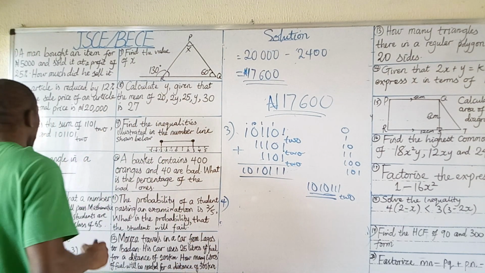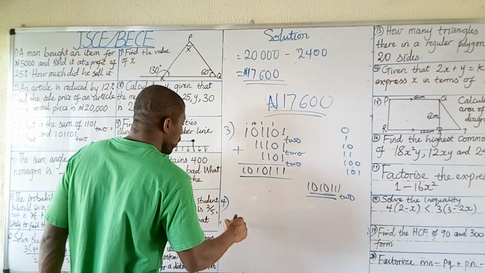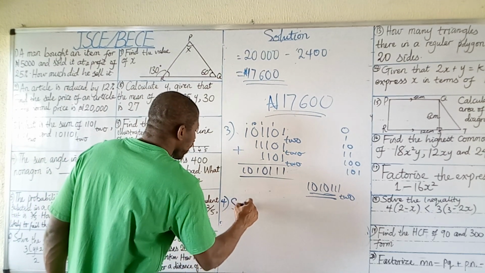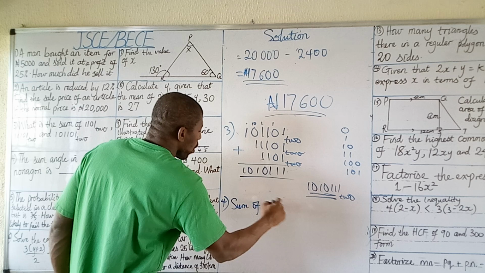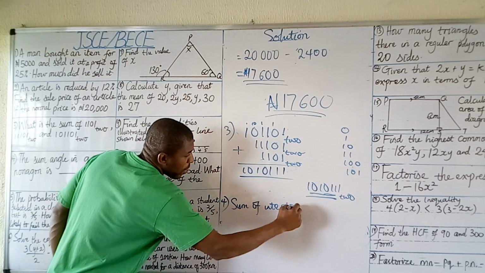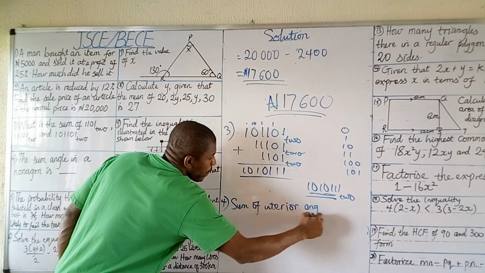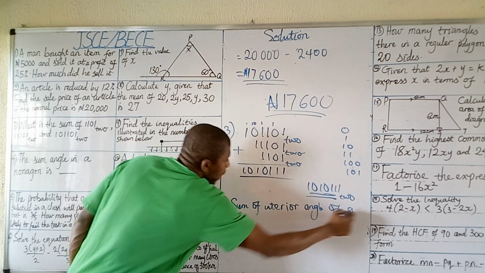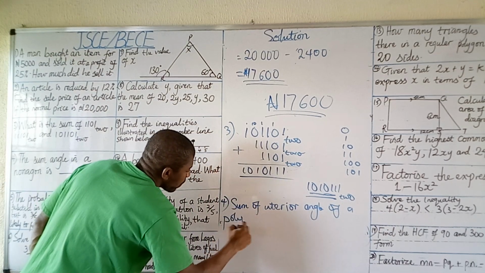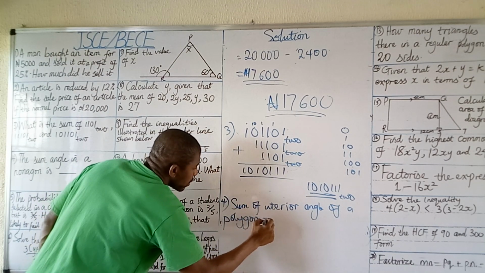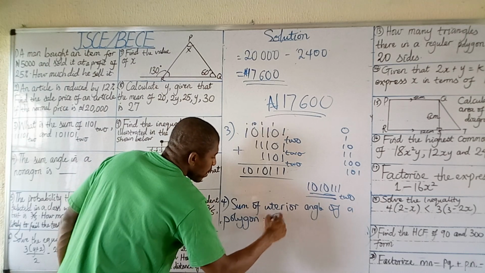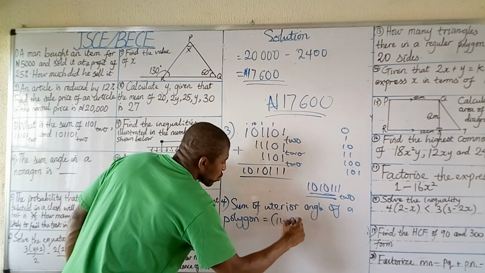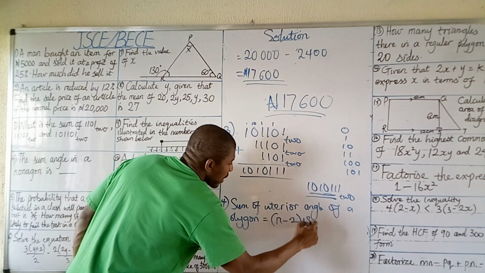So if I want to get the sum of interior angle of a polygon, it is equal to bracket open n minus 2 times 180.